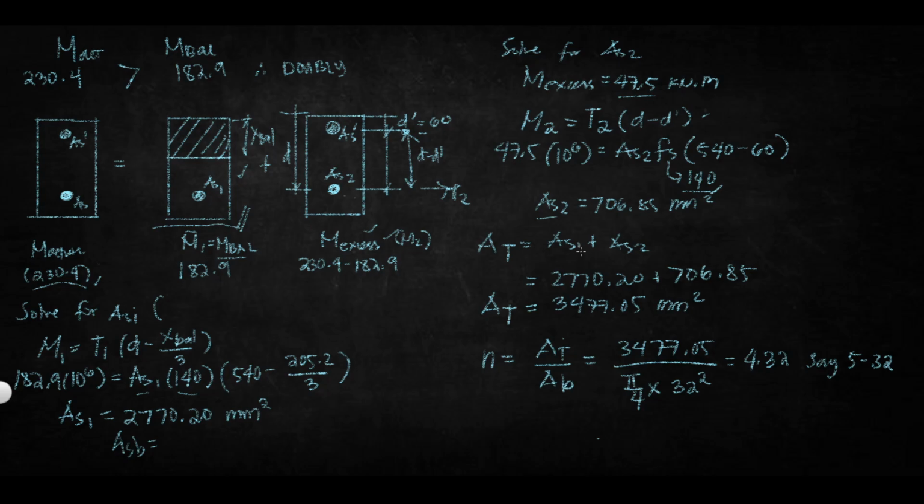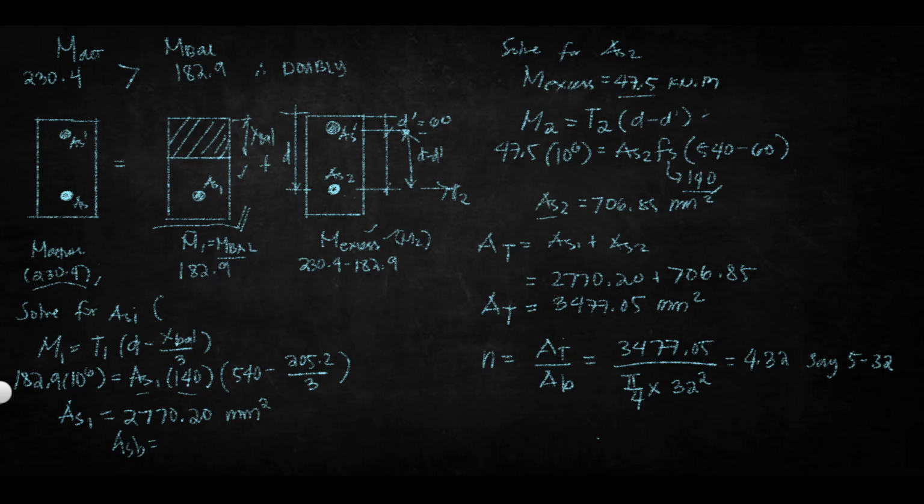So, ang AS1 natin is 2770.20. Ang AS2 natin is 706.85. So, we will have a total area for the tension steel which is equal to 3477.05. Okay? And then, further, ang tinatanong po sa atin is yung number ng 32 mm diameter na bar.